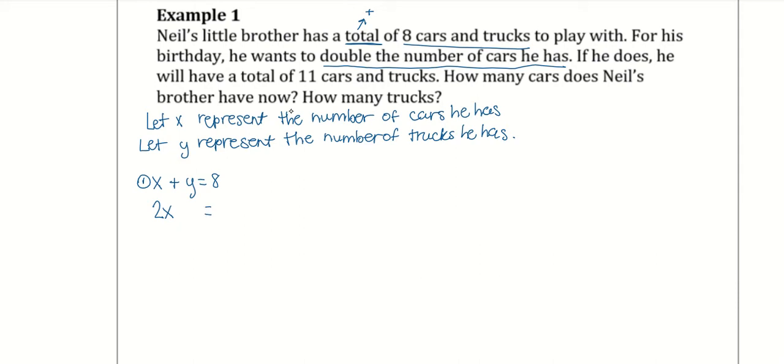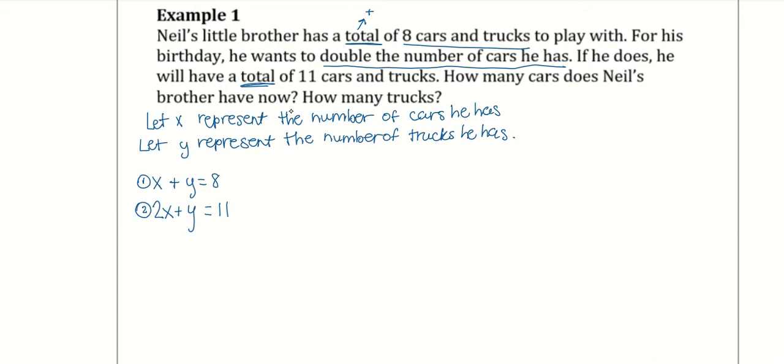So we know that there will be 11 in total. Now, if there's going to be a total, that means we're going to be adding. So double the cars plus the trucks will equal 11. So that's equation 2.